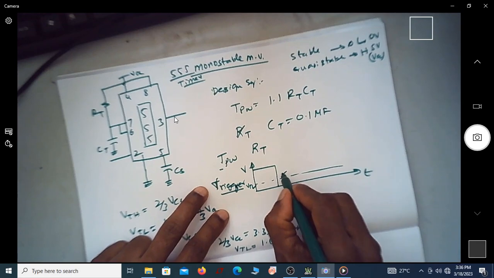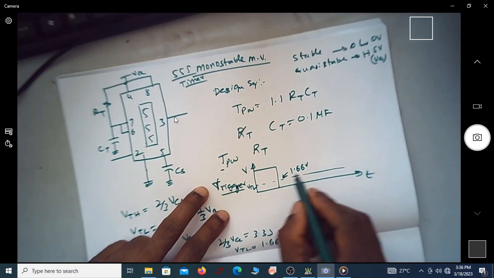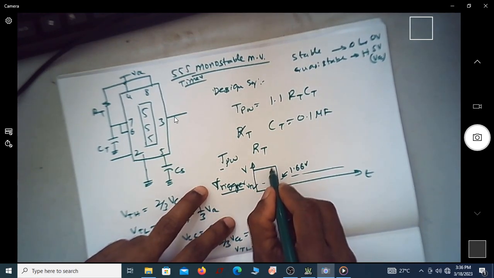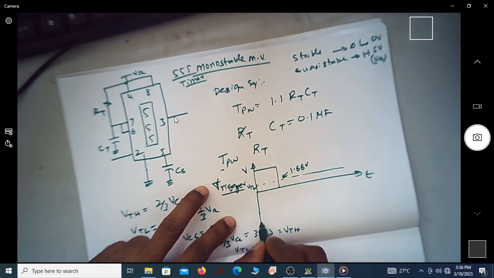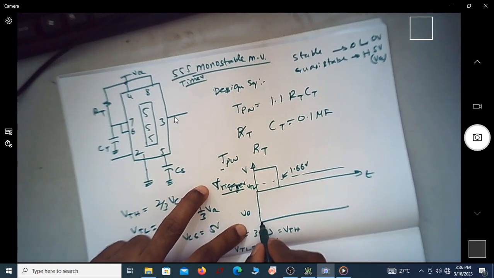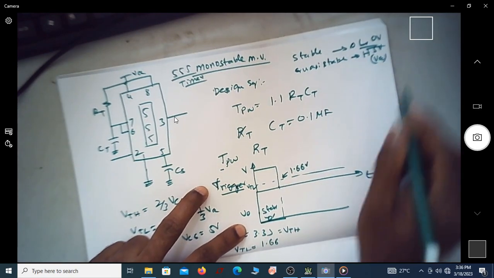If the voltage is more than 1.66, it is not a trigger signal, so the output will be in the stable state. You can see this is a stable output, which is 0, as I said here.